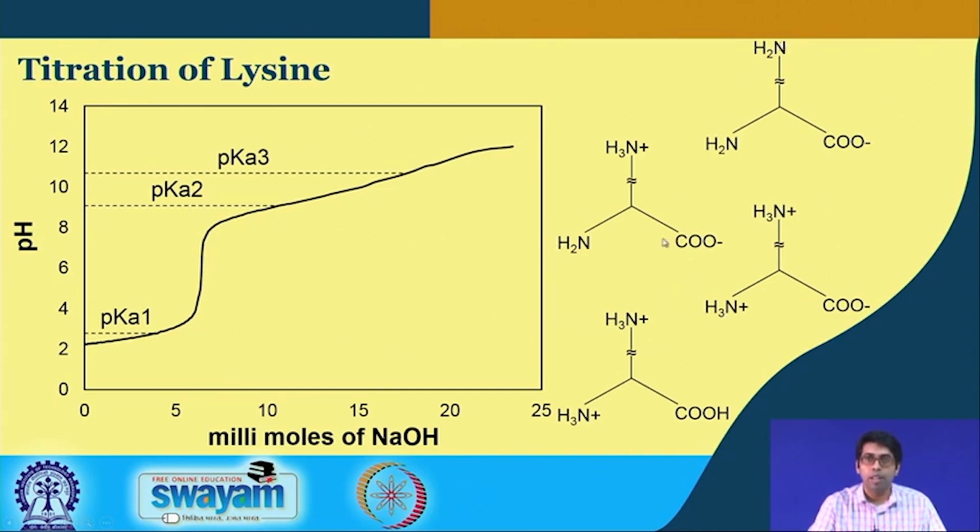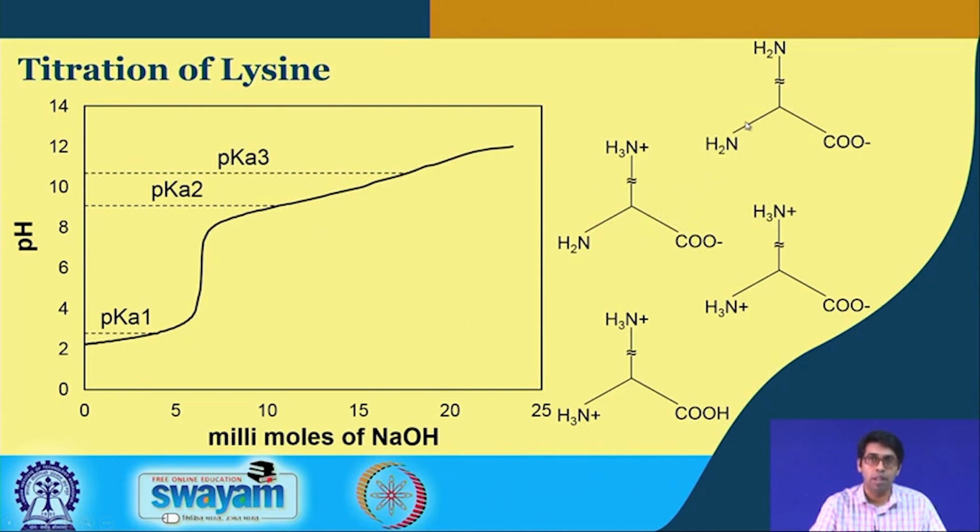Now, the neutral species is this one, because it has one positive charge and one negative charge. We get this neutral species by titration from here to here and here to here. So, this is pKa2 and this is pKa3.